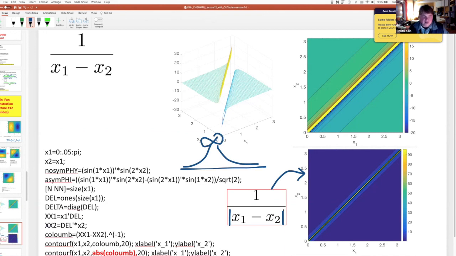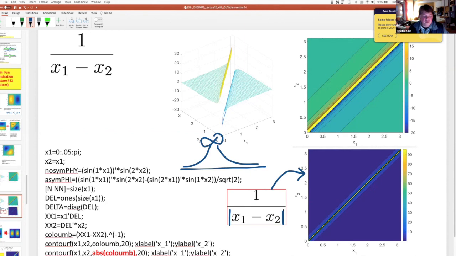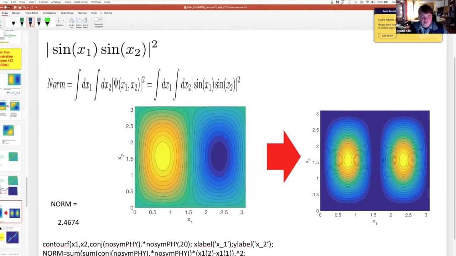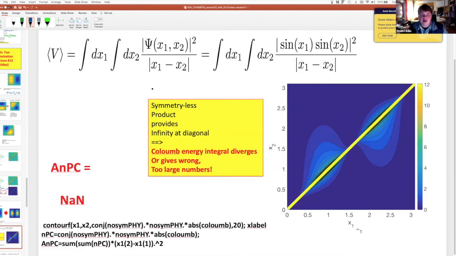Now, if I want to compute the expectation value of the Coulombic repulsion with the Hartree product, with a product of wave functions without antisymmetrization. So here is the wave function squared, and here I multiply this by the Coulomb repulsion, and integrate over 2 variables.